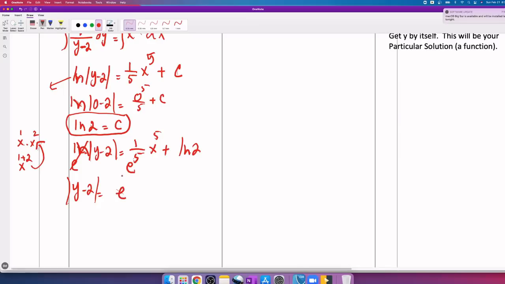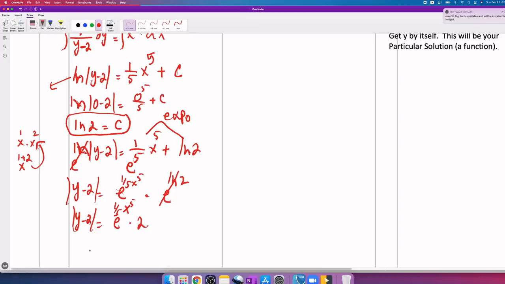So I'm going to say e to the 1/5 x to the power 5 times e to the ln 2. See, I separated these two exponents; it's the same thing, I just rewrote it backward. If I do this, they cancel out. So I'm left with y minus 2 in the absolute equals e to the 1/5 x to the power 5 times 2.